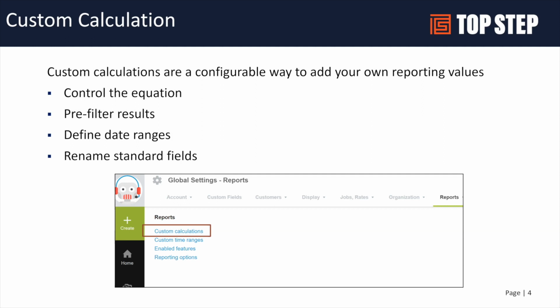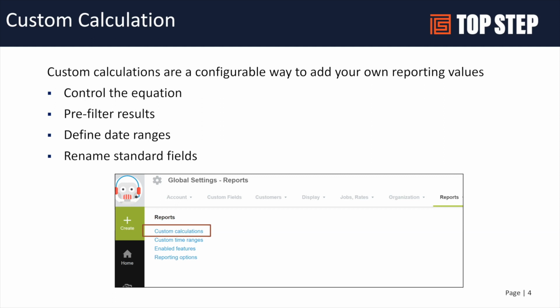Back in the day, before custom calculations, customers wanted to see different utilization values in the same report, and you couldn't. We'd have to have different reports for different utilization. Now, with custom calculations and the ability to filter them, you can bring in different values, and we'll show you that in a few slides.